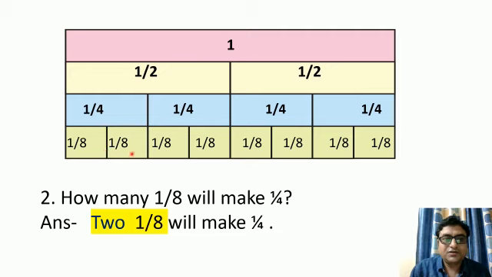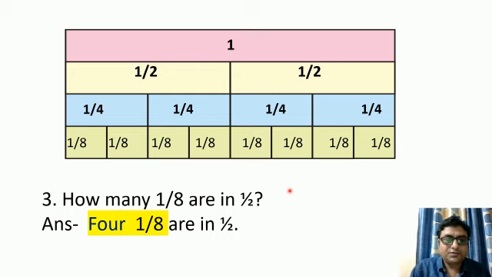It becomes 1/8. So 2 1/8 make 1/4. This is the first, this is the second. You can clearly see from this, 1/8 plus 1/8 becomes 1/4. 1/4 is divided into two parts. So 2 1/8 will make 1/4.